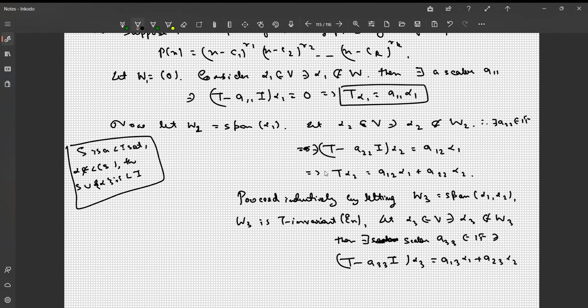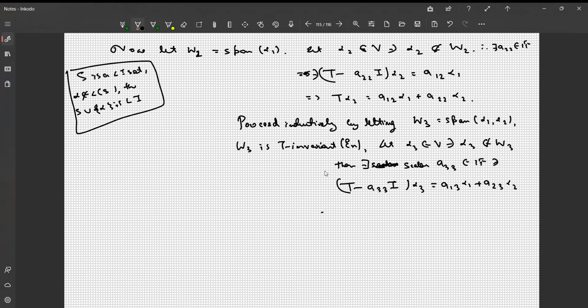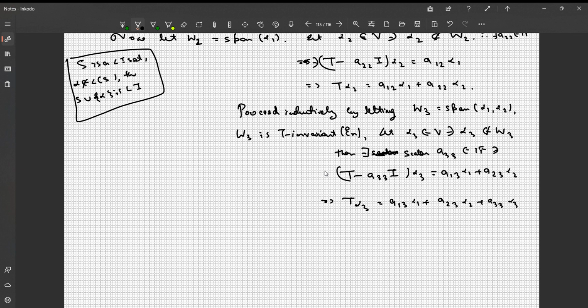So let us write A13 alpha 1 plus A23 alpha 2. Clear? So from here we can write that T alpha 3 is equal to A13 alpha 1 plus A23 alpha 2 plus A33 alpha 3, and we proceed inductively.